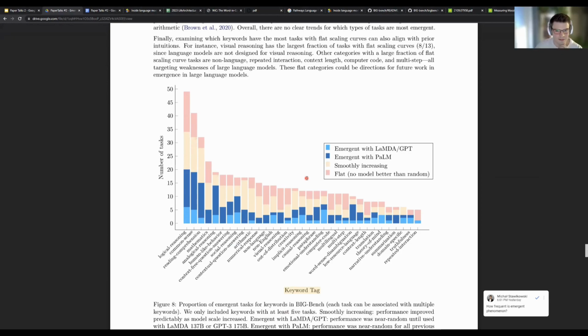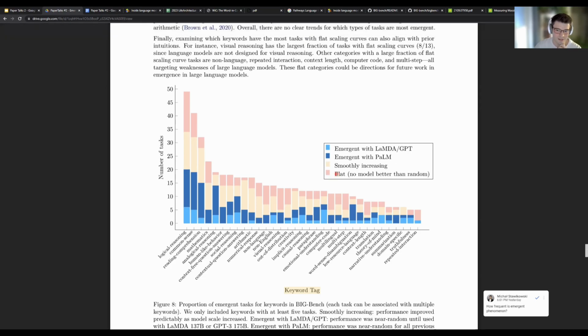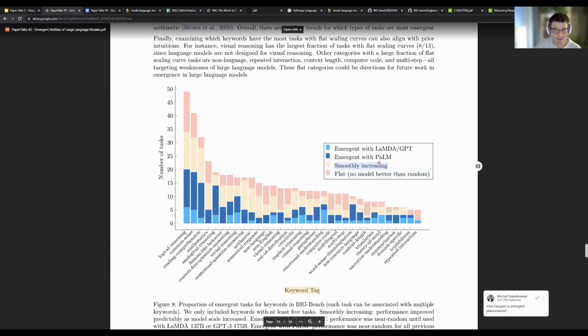Yes, I think this is because they simply pick the best example skills, and here we have a lot of different tasks in a more compact way to show it, and we see that some of these tasks actually are still flat or are smoothly increasing.